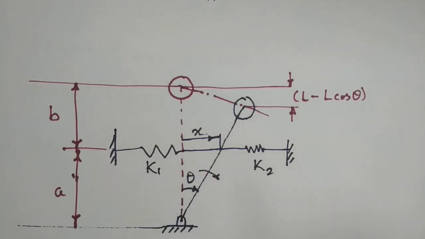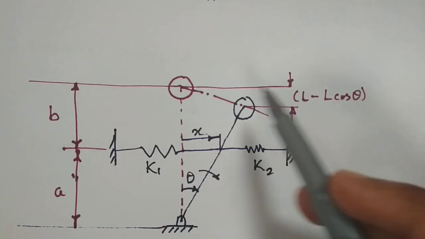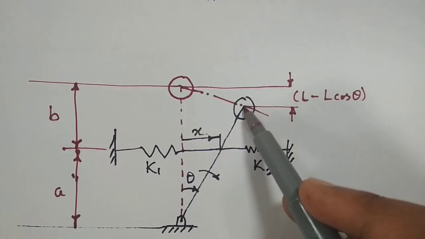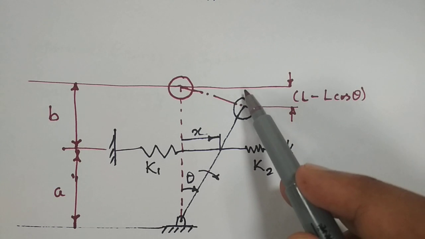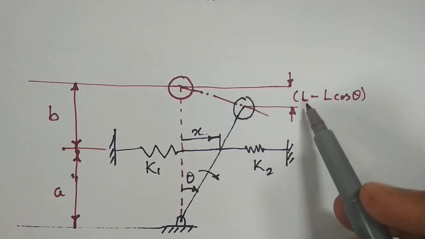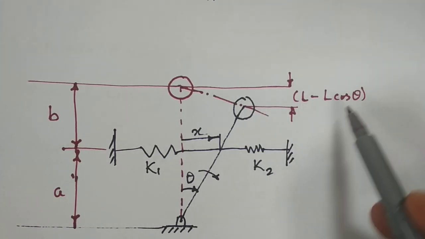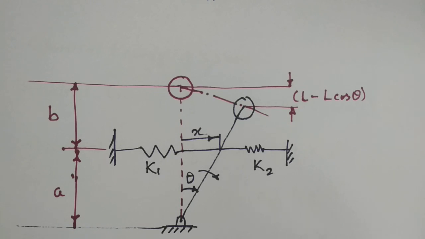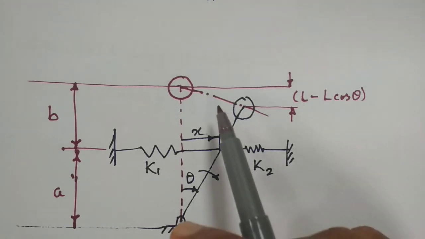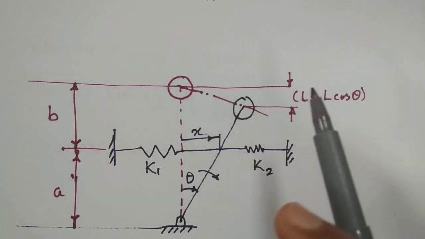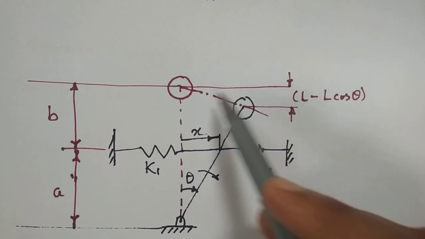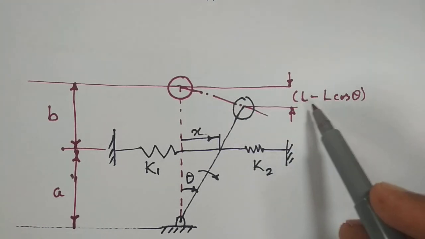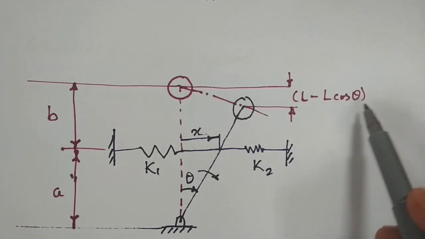As per the previous lecture, the height change from this point to this point will be L minus L cos theta. If you are not understanding this, then find the previous lecture. So this height change is L minus L cos theta.